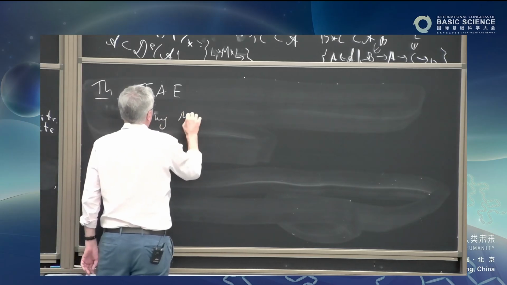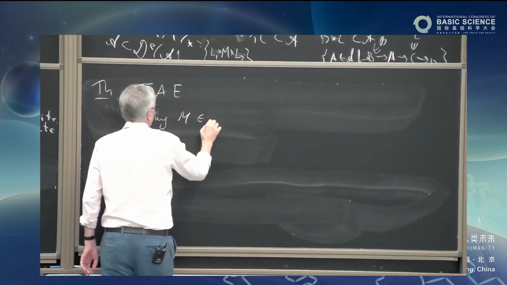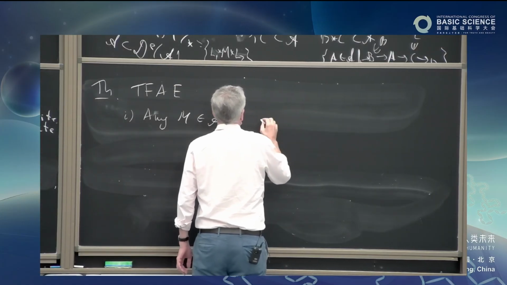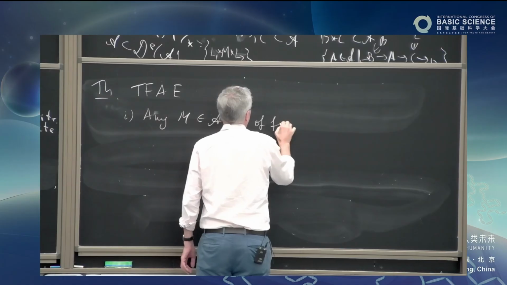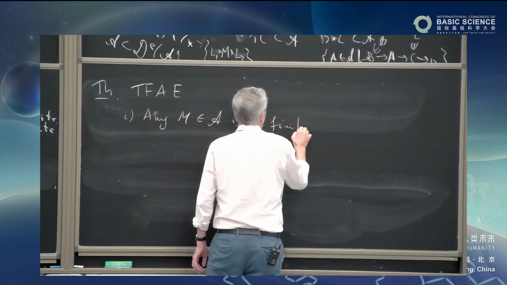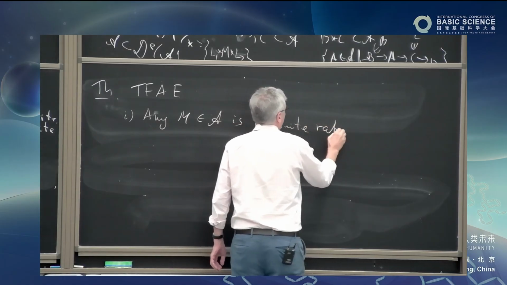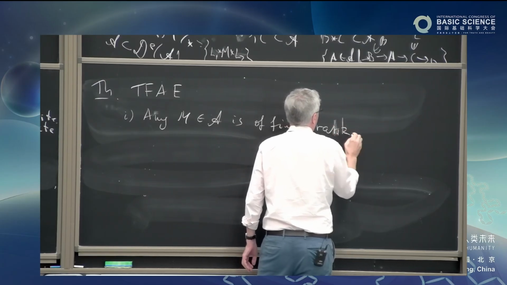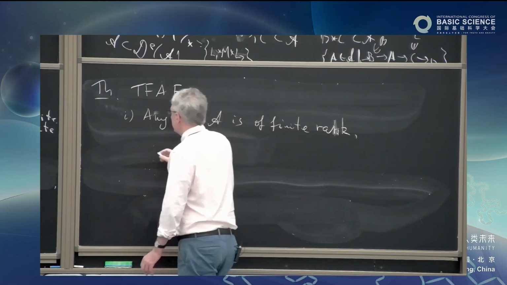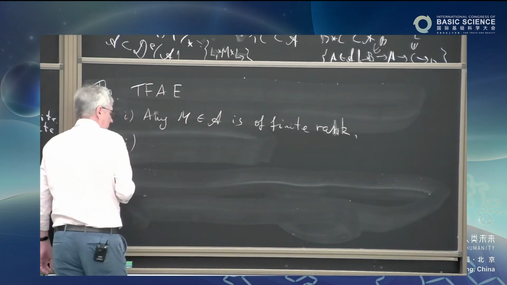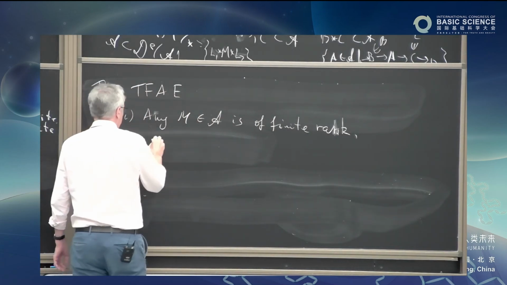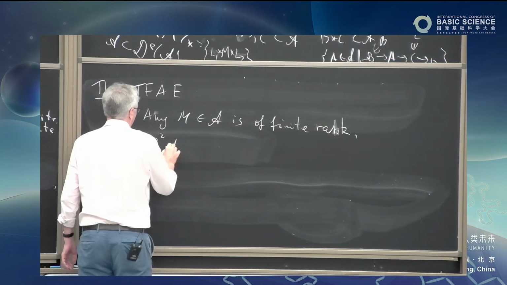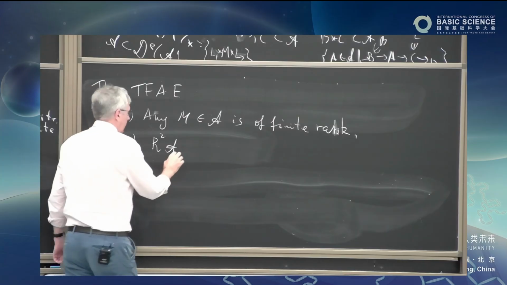First, any M in A is of finite rank. And the second statement is that the square of the radical of A equals 0.